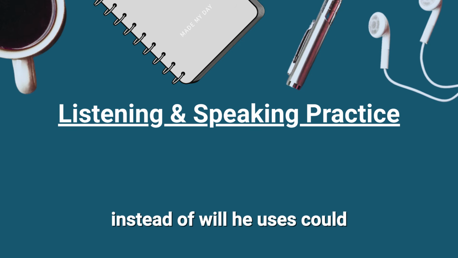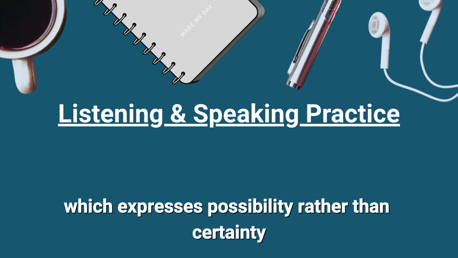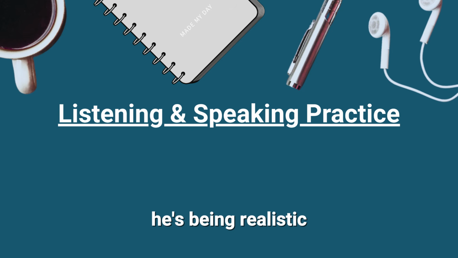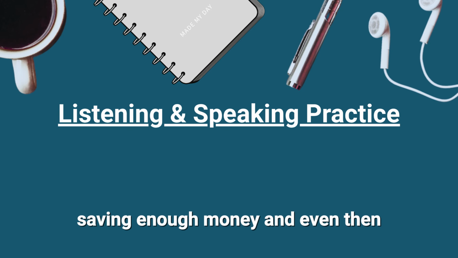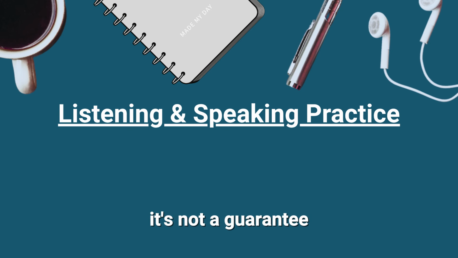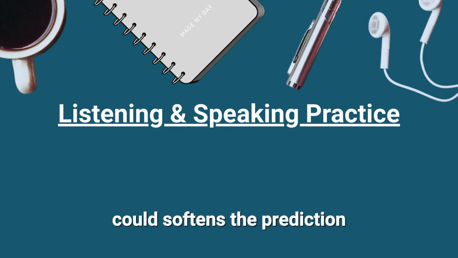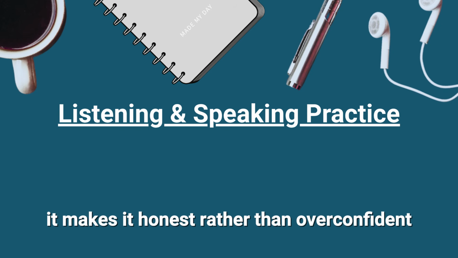Instead of "will," he uses "could," which expresses possibility rather than certainty. He's being realistic. He's acknowledging that this depends on something, saving enough money, and even then, it's not a guarantee. Could softens the prediction. It makes it honest rather than overconfident.